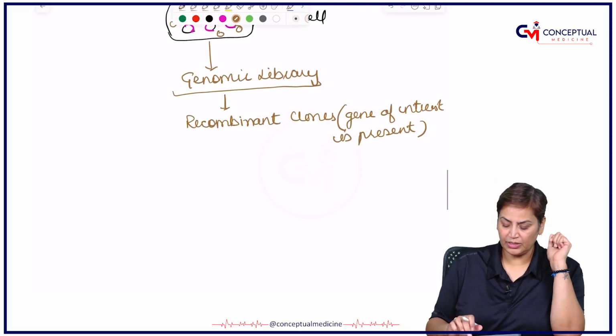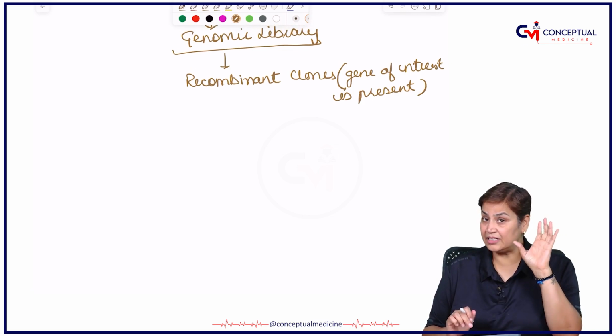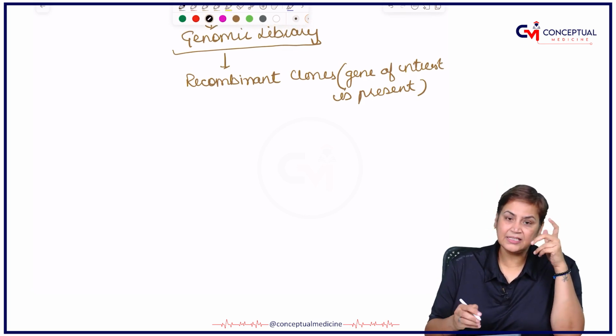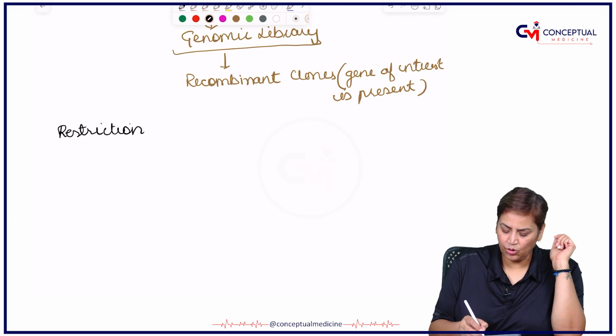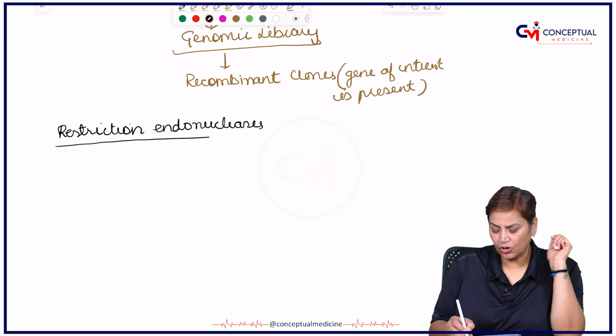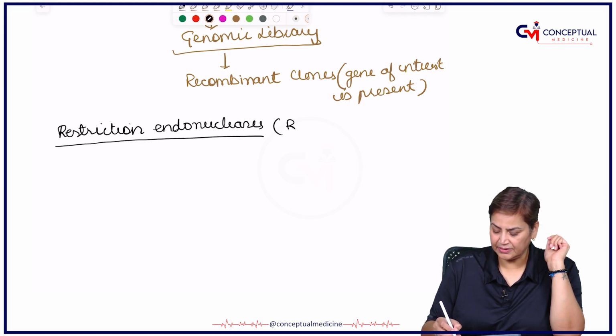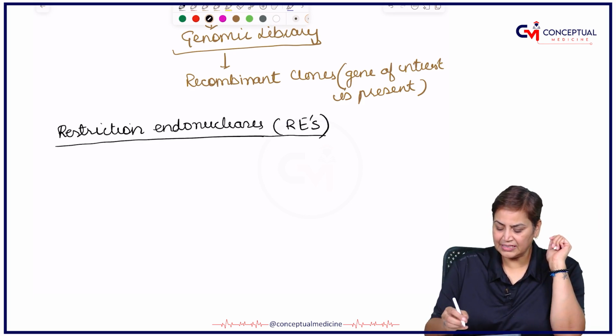Now coming over to this, first of all, how DNA is cut, that is very important. So there is a set of enzymes, as I just told you, known as restriction endonucleases, or they are also known as REs. So what are these REs?